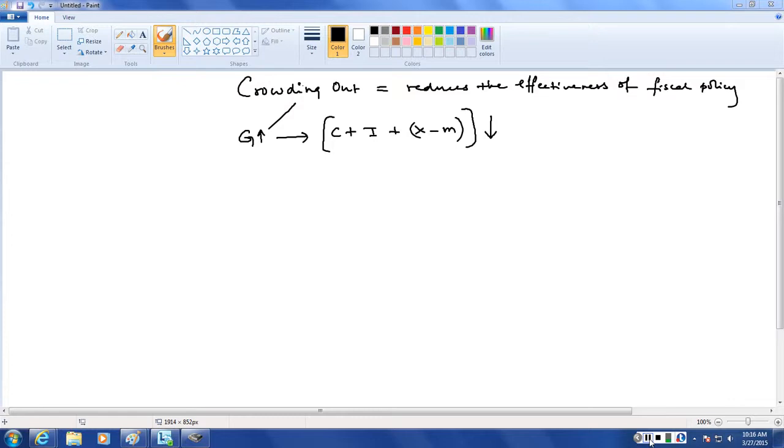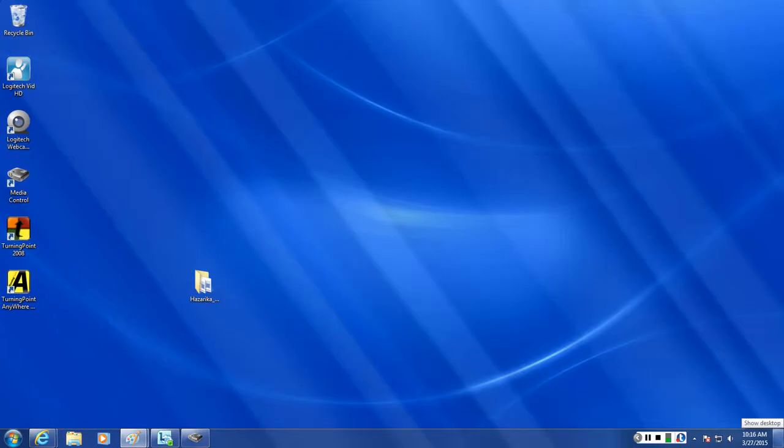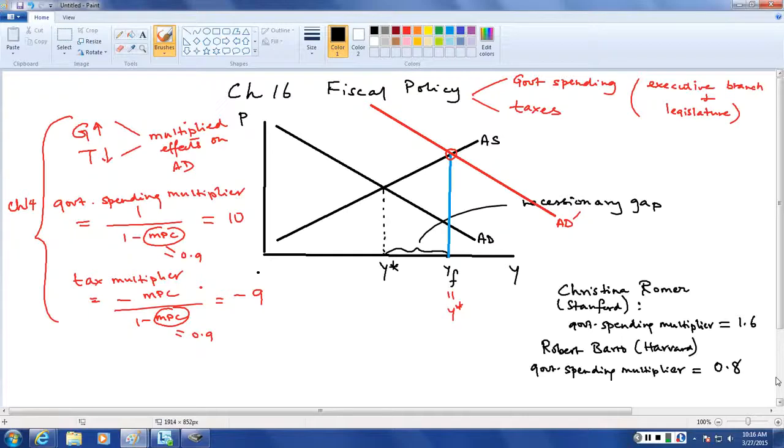So how would you think about this in terms of our diagram for the economy? This diagram. If crowding out were to happen and the government raised its spending, you would have a rightward shift of the AD curve from the black AD curve to the red one.